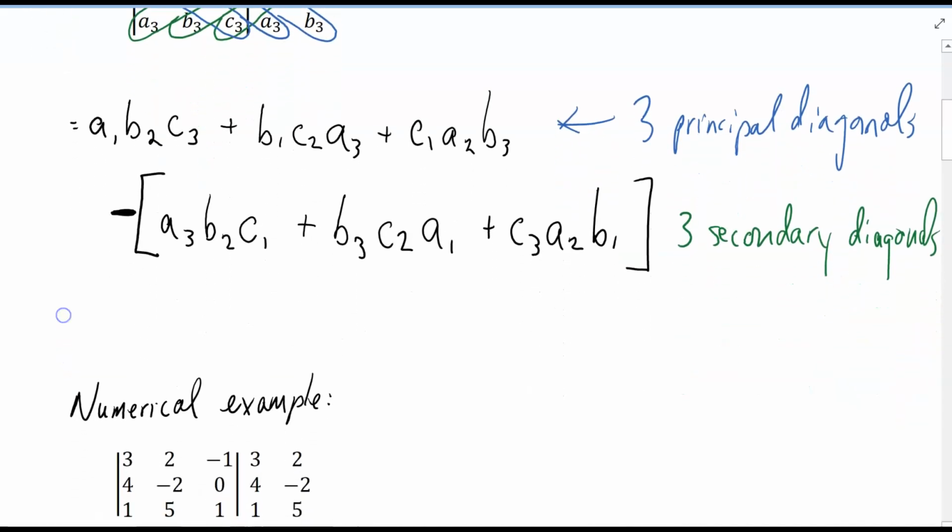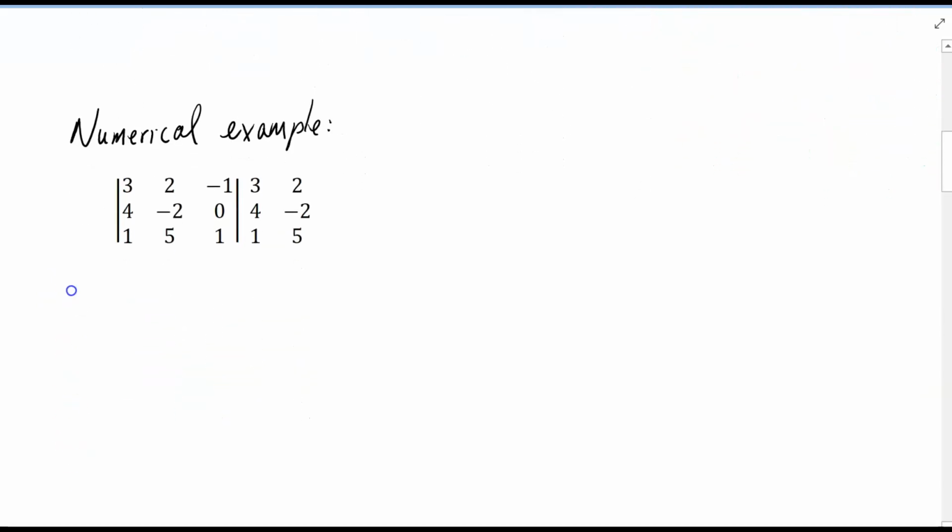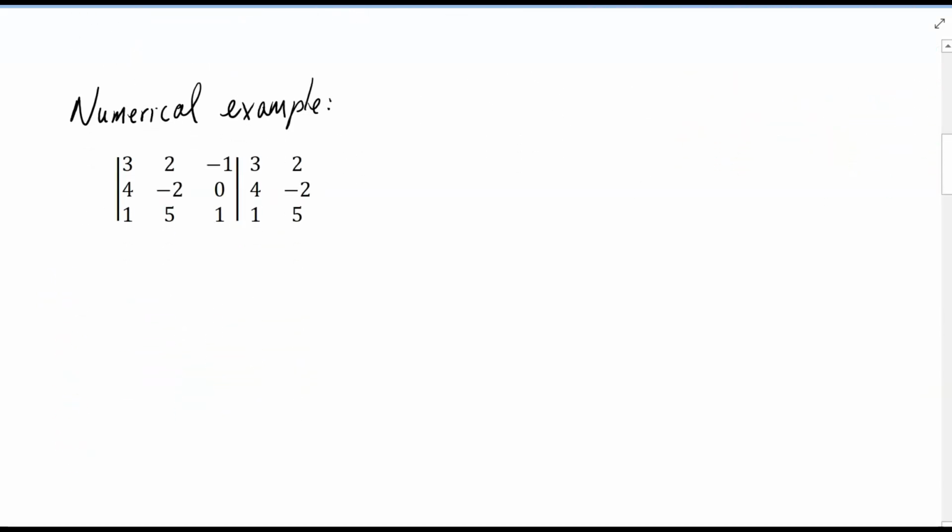Let's take a look at a numerical example. And so I'll put it there. All right, I need to find each of the three principal diagonals. This will be 3 times minus 2 times 1. That is right there.